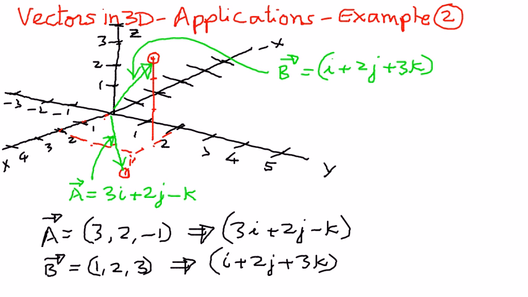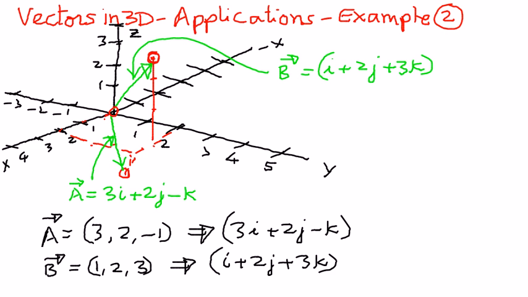We are going to travel 1 unit on the positive x-axis, 2 positive units on the positive y-axis, and 3 units on the positive z-axis. So this is the red point where it is going to terminate, and I have connected it from the origin to the red point as a vector.